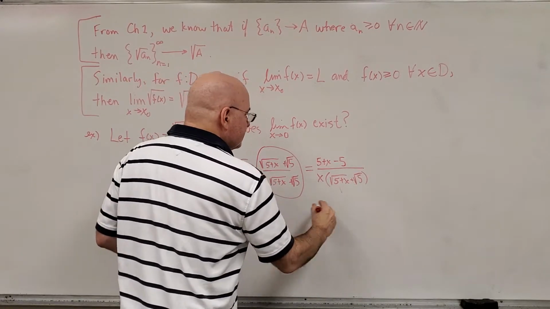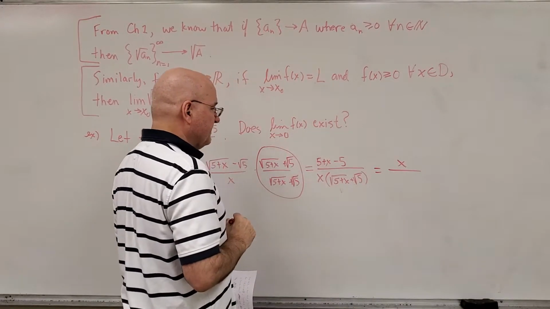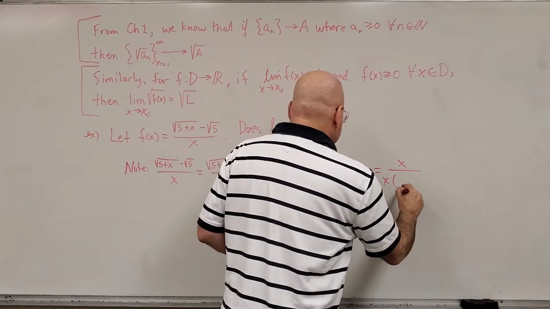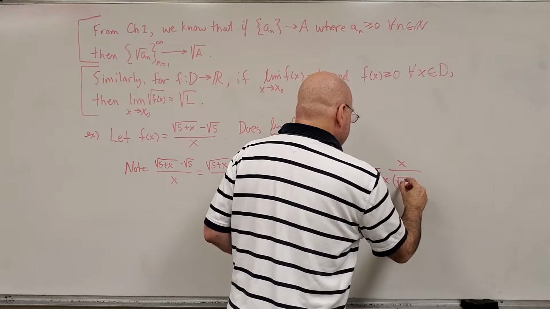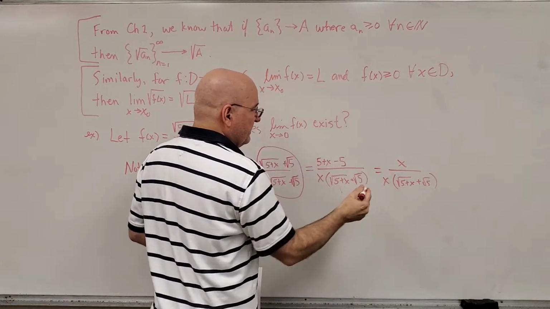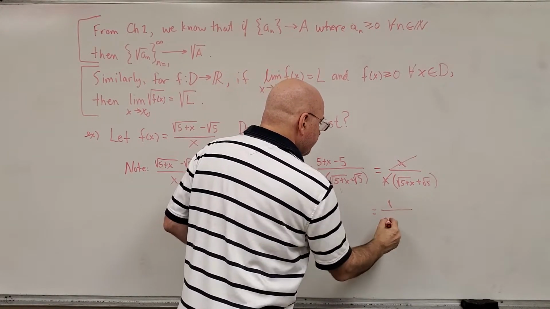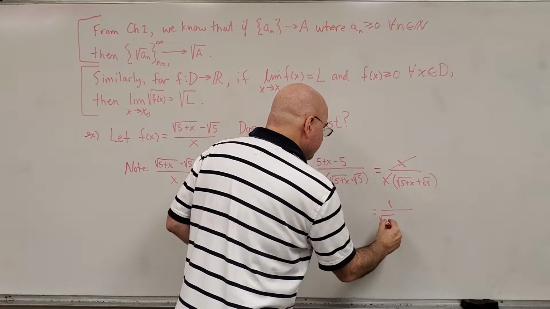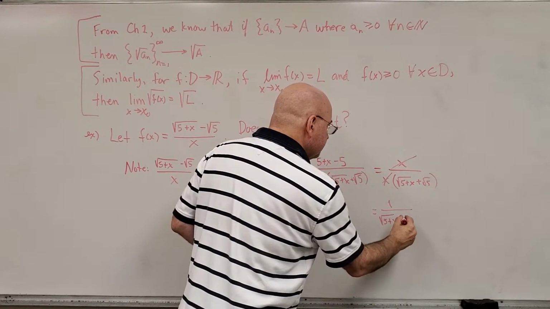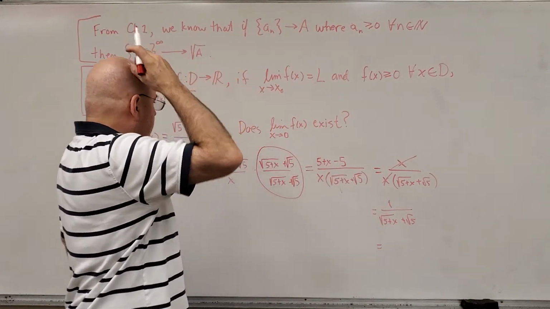That gives us x on top, since the 5 and negative 5 cancel out, and x times radical 5 plus x plus radical 5 on the bottom. The x's cancel, and we get 1 over radical 5 plus x plus radical 5.